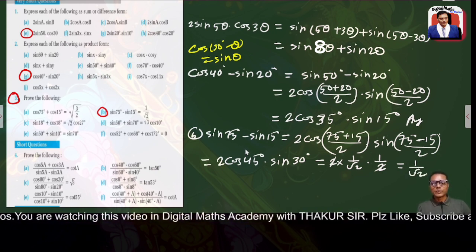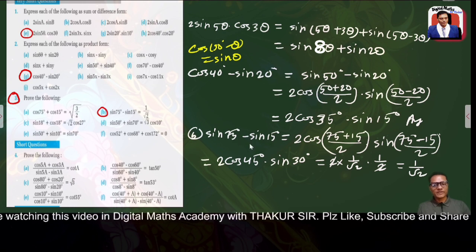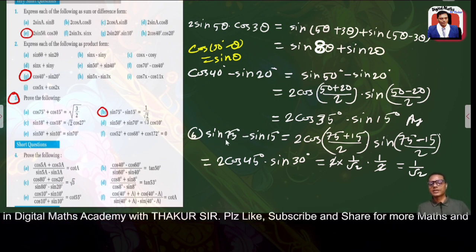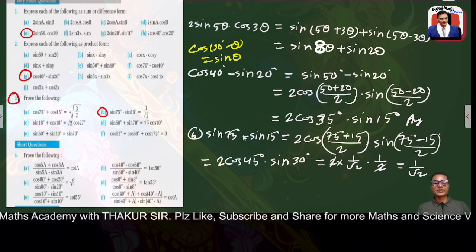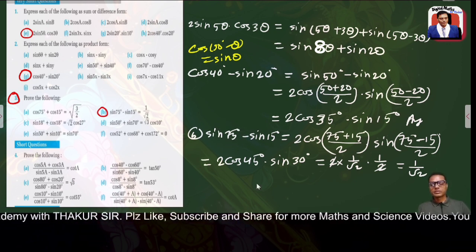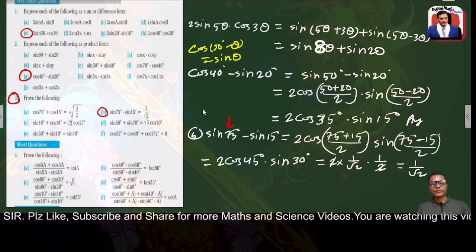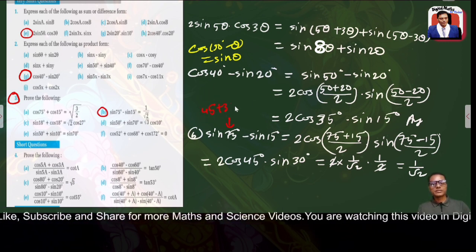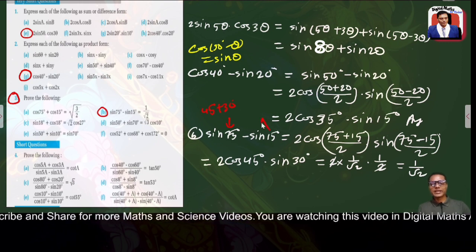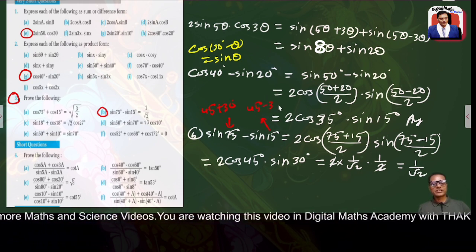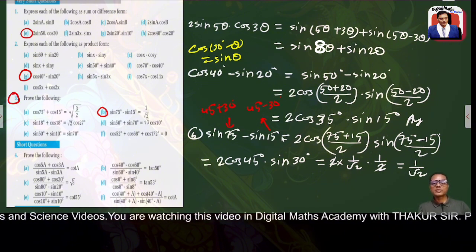Just I would like to remind you, we can do this question by another method also, that is by using the compound angle formula. Sin 75 degree can be written as sin of 45 plus 30, right? And 15 degree can be written as 45 degree minus 30 degree, or 60 degree minus 45 degree also.